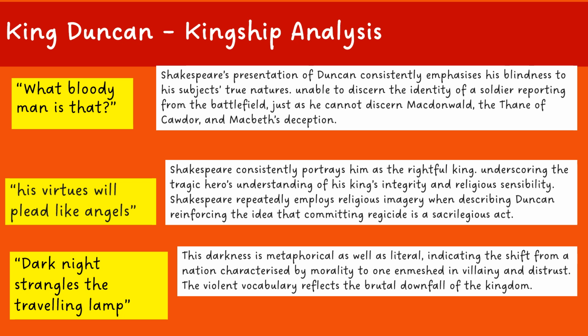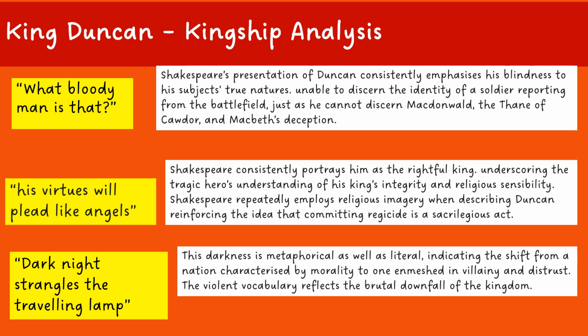Shakespeare repeatedly employs religious imagery when describing Duncan, which reinforces the idea that committing regicide is a sacrilegious act. That links back to the great chain of being and the divine right of kings, that idea that kings were placed on the throne by God themselves.